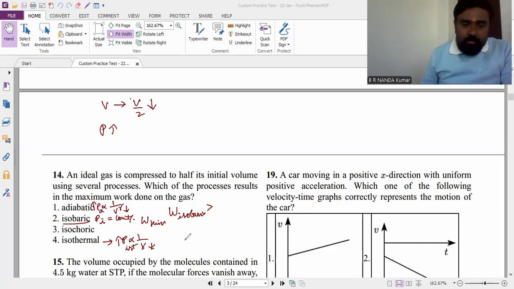So the pressure increase in adiabatic is more than the pressure in isothermal. So work done in adiabatic is more, it is the maximum.